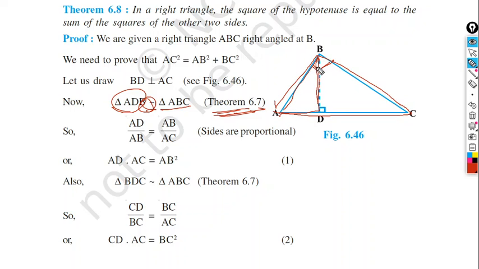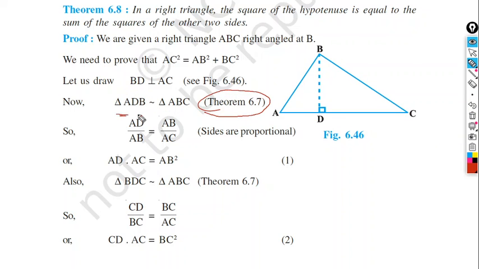If a perpendicular is drawn from the right angle of a right angle triangle to the hypotenuse, then the triangles formed on both sides of the perpendicular are similar to the whole triangle and hence similar to each other. That means these two triangles are similar to each other and also they are similar to the whole triangle. So that's why, because of theorem 6.7, triangle ADB is similar to triangle ABC.